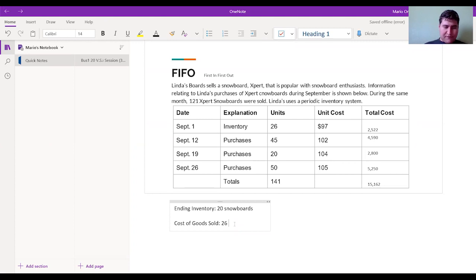We already have the cost for that, at $97, and that'll give us the first cost. So now we have 121 units that were sold minus the 26 units.